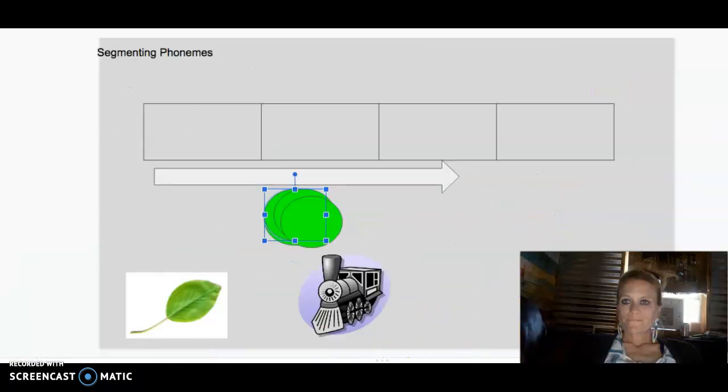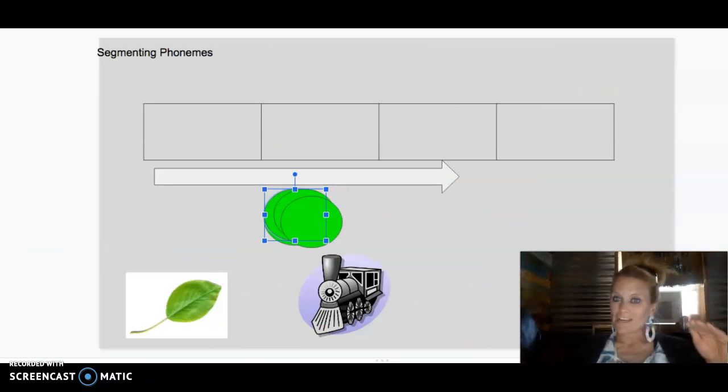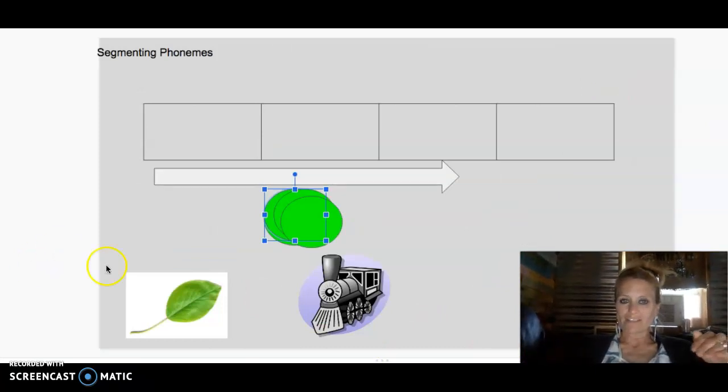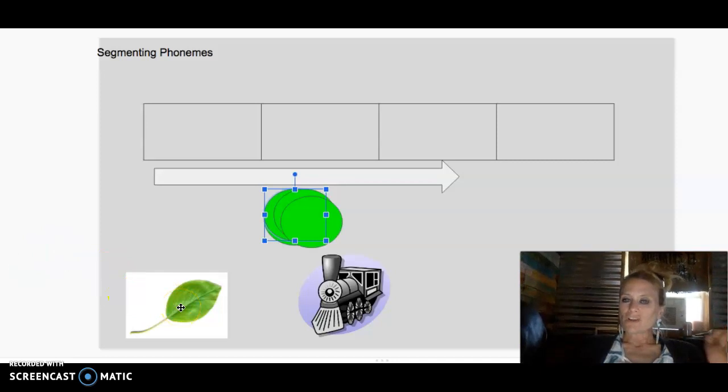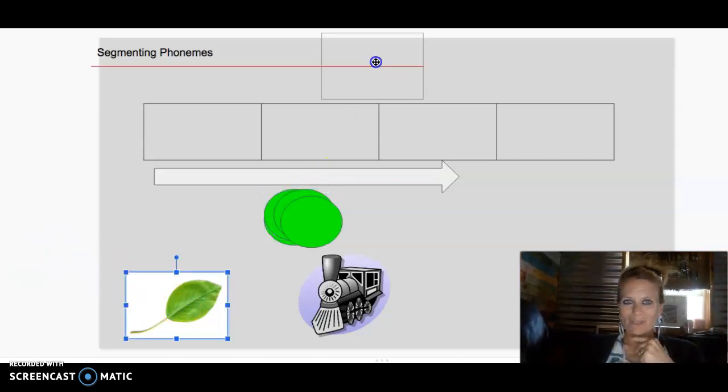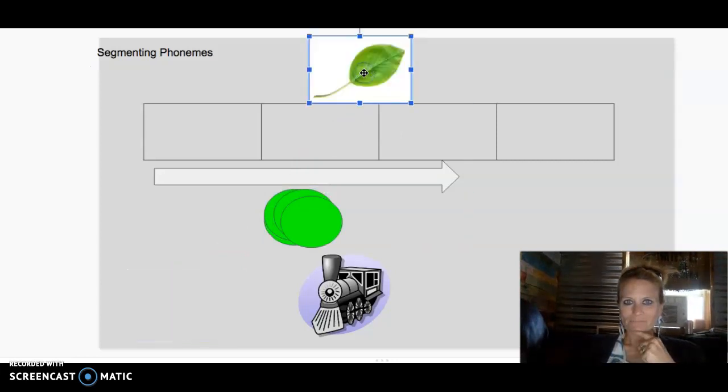Great job. Hey guys, so this time we're going to say these words really, really slow, each word. And we're going to decide how many sounds we hear in each of the words. Are you ready? I'll move this up here. This is the first, this is the middle, and these are kind of the middle and the end of the word, depending on what we need. We have a leaf.